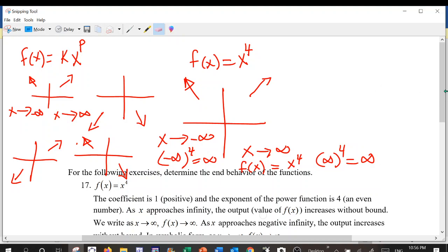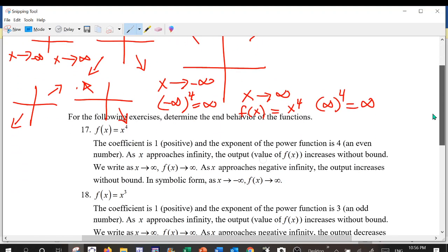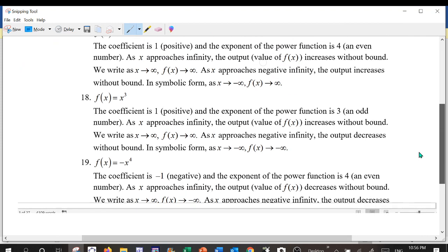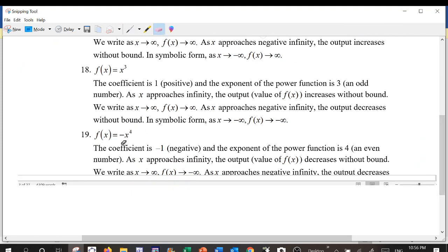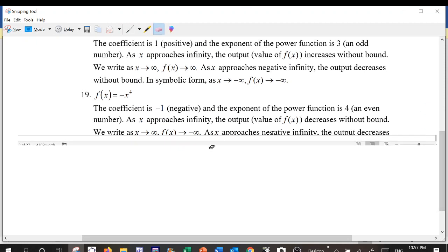Let me see if I have another one here. Yes, we could do number 19 too, now that we are at it. So number 19. Again, we want to know what happens when x goes to infinity.